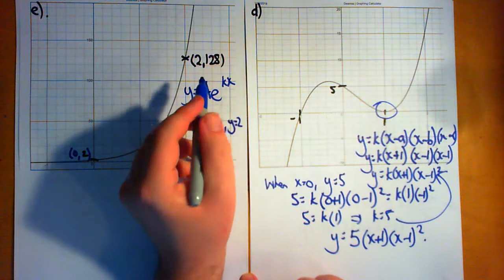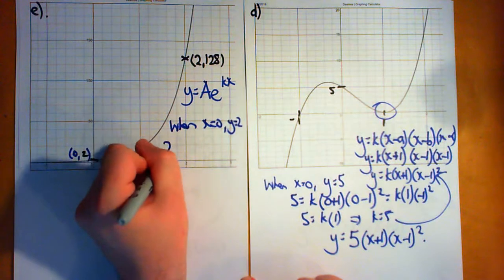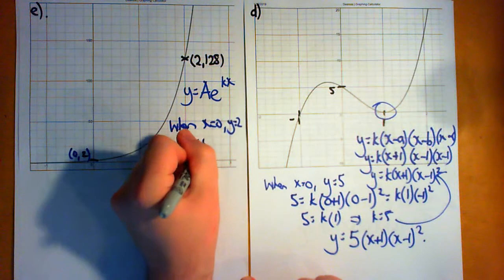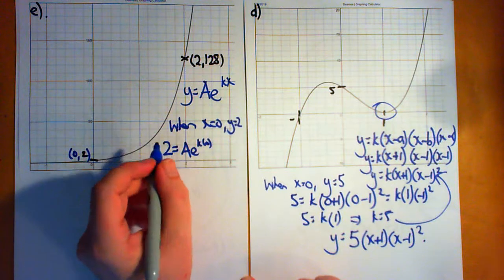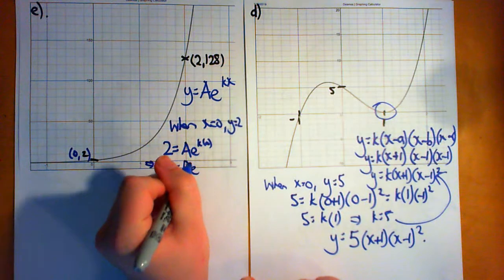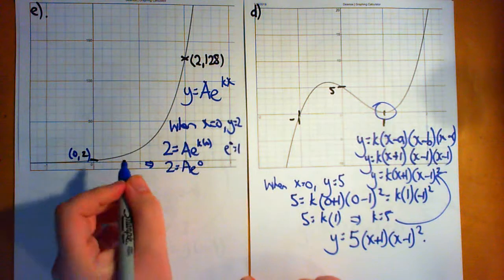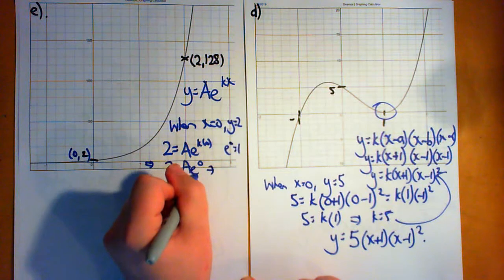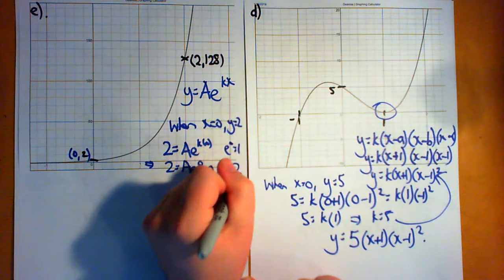And if we substitute that into y equals a e to the kx, we get 2 equals a e to the k times 0. 0 times k is 0, so therefore we've got 2 equals a e to the 0, but we know that e to the 0 equals 1, so that's a times 1, which is a, so therefore a is 2.